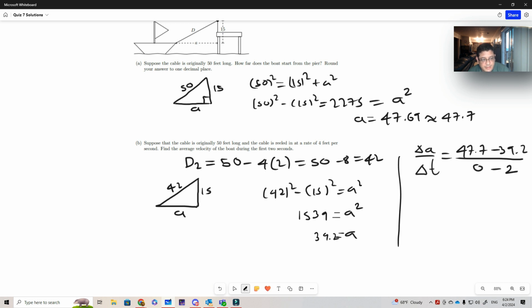So I have this change over here, which is approximately minus 8.46, divided by minus 2, and so that's going to be minus 4.23. And obviously, because this is in feet, this will be feet per second. And that's it. That's the solution to quiz 7.